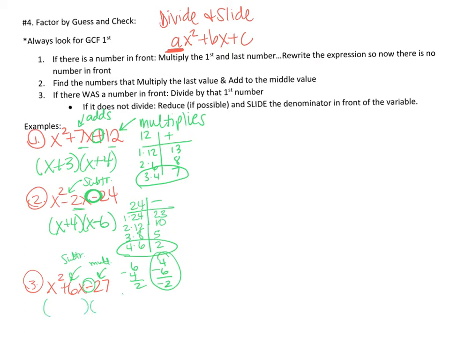You might say, I know that's going to be a positive 9 and a negative 3, because 9 times negative 3 is negative 27, and 9 minus 3 is 6. Some of you might be able to do that in your head. Some of you might need to make a table.